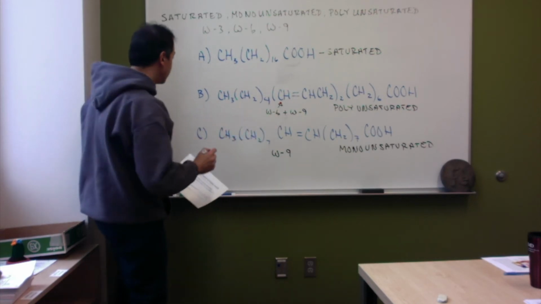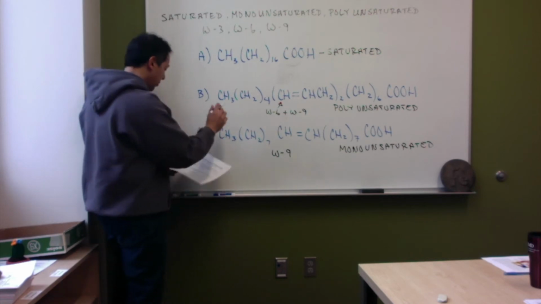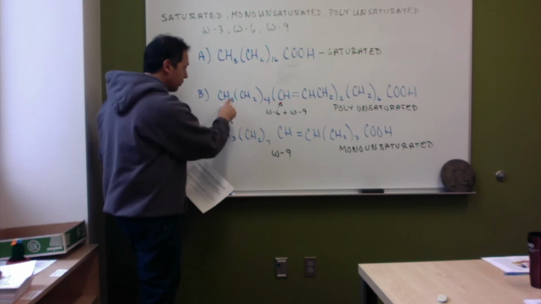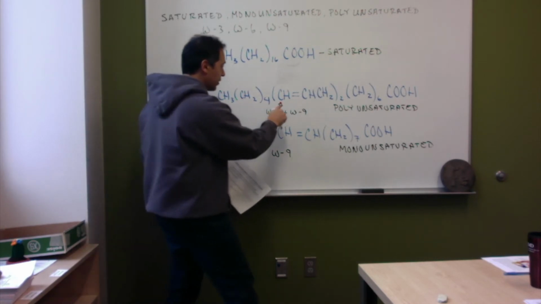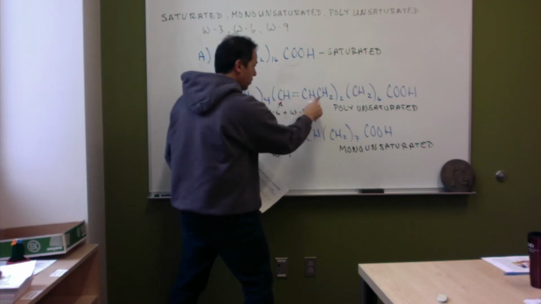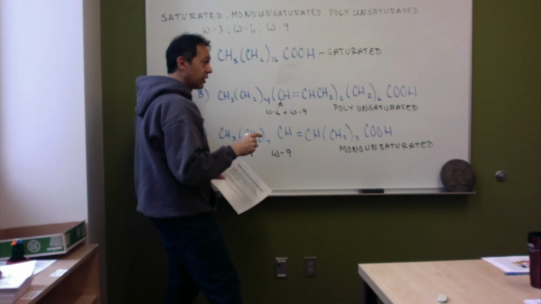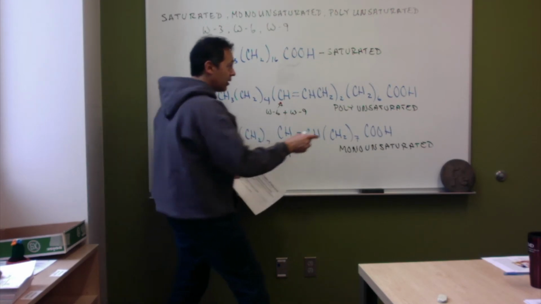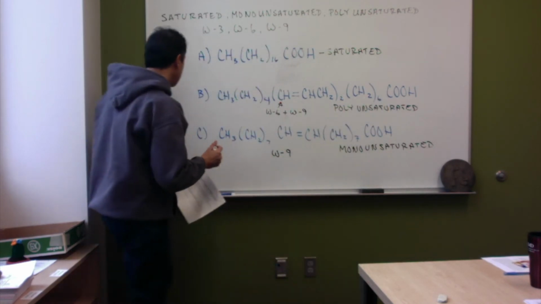Now when we write this out, we have special nomenclature for these omega fatty acids. So first we're going to write out how many carbons there are. In this first one here, we've got 1 plus 4 is 5, plus 1, 2, 3 times 2, so 3 times 2 is 6. 5 plus 6 is 11, plus 6 is 17, plus 1 is 18. So there's 18 carbons here.